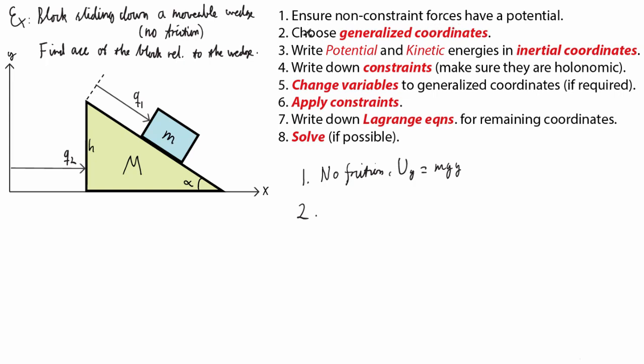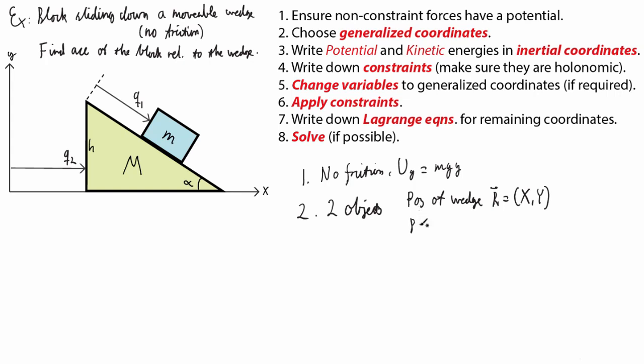Now, part of this step here is actually to relate the generalized coordinates to other coordinates that you might have, and to see how many degrees of freedom you have thanks to the constraints. So we have here 2 objects, and each of them can move in x and y. So we can say that the position of the wedge, we're going to use capital X and capital Y to describe that.